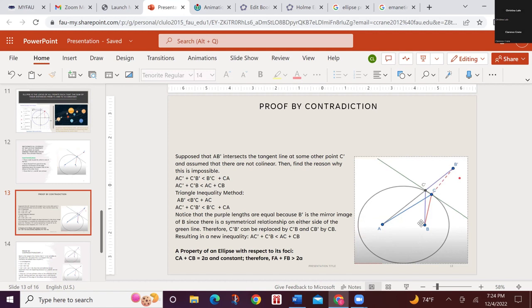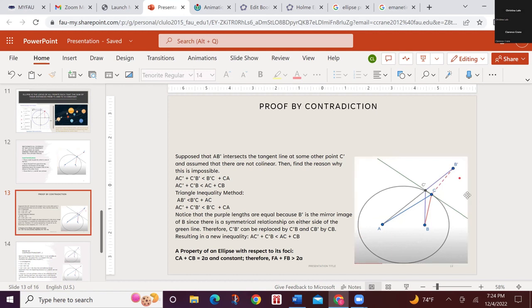Triangle inequality method. Let's review this very quickly. We know that AB prime is less than B prime C plus AC. And we also know that AC prime plus C prime B prime is less than B prime C plus CA.